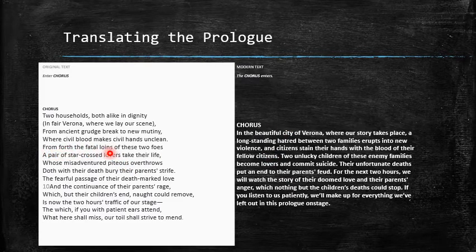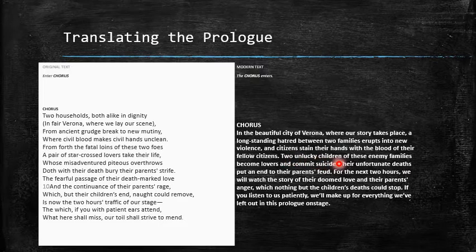From forth the fatal loins of these two foes, a pair of star-crossed lovers take their life. The word star-crossed means unlucky people or unlucky children, or star-crossed lovers means bad luck lovers.